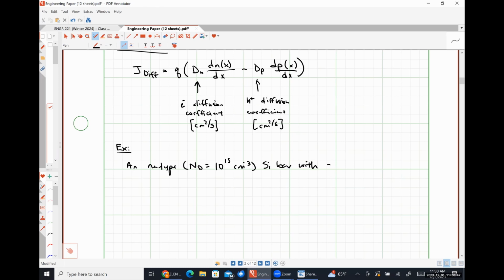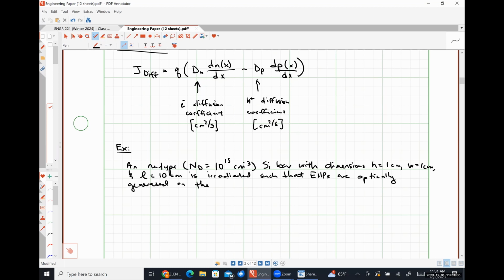Silicon bar with dimensions H equal to 1 centimeter, W equal to 1 centimeter, and L equal to 10 centimeters, is irradiated such that electron hole pairs are optically generated on the left side of the bar. So we have something like this.